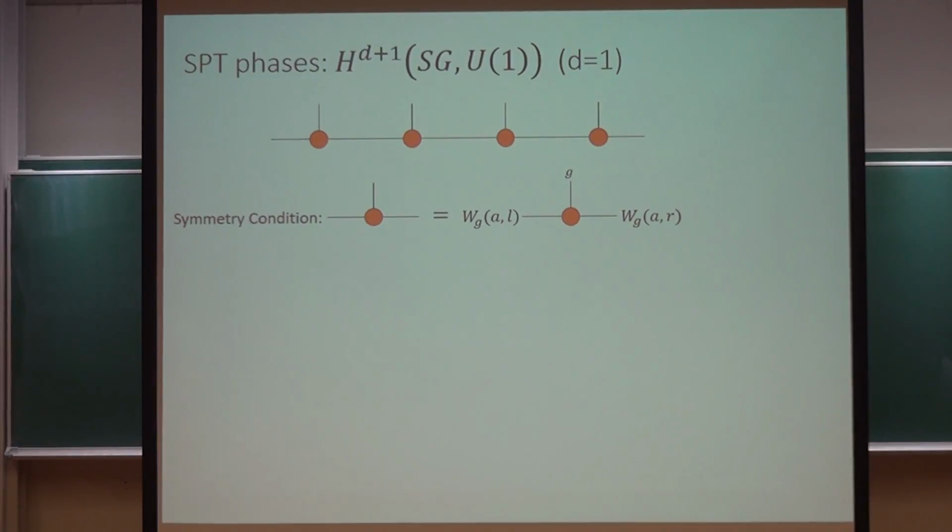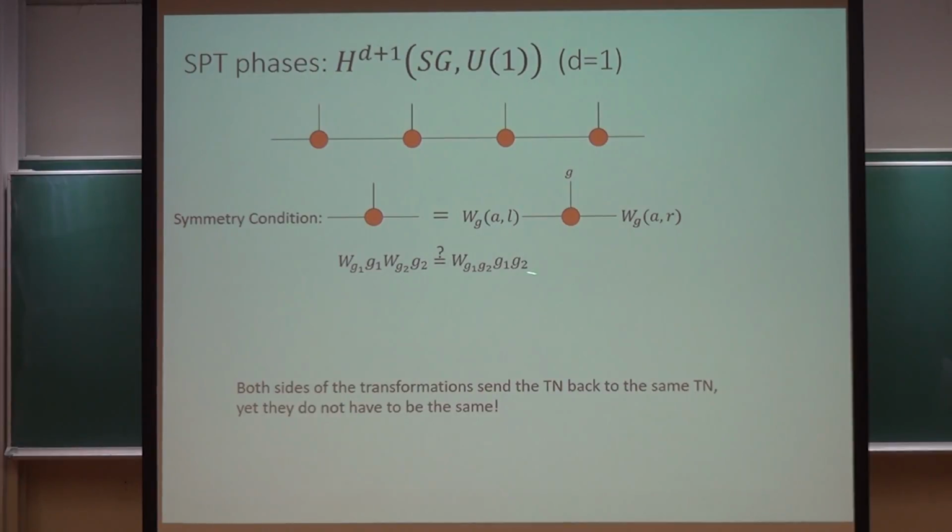So think about MPS, very simple. I want it to be symmetric. So then I know this tensor will have to be equal to this G-transformed tensor together with the WG. So then the question is, what's the consistent condition this WG has to satisfy?